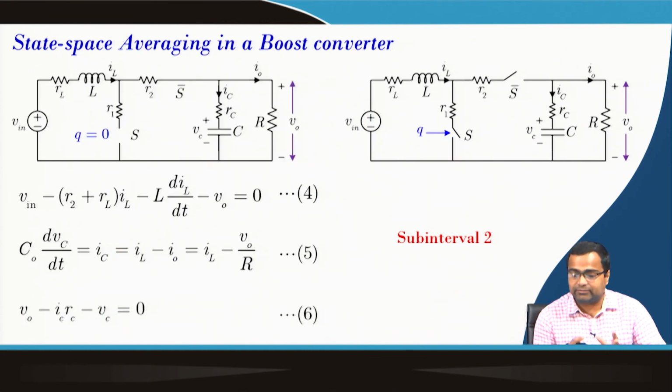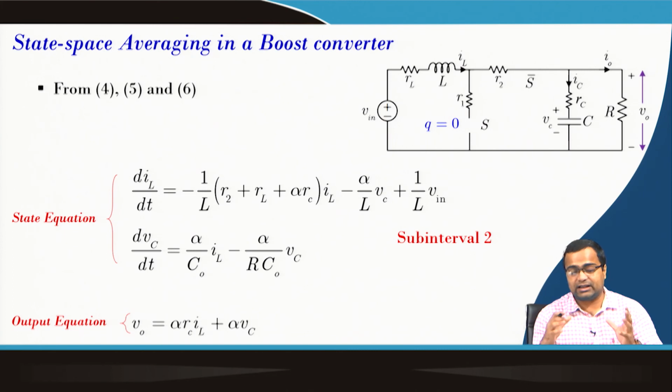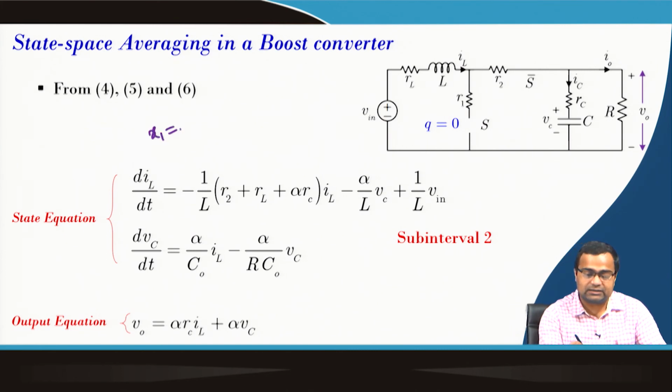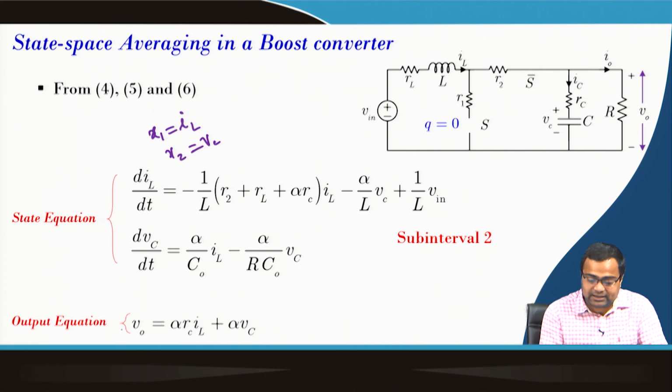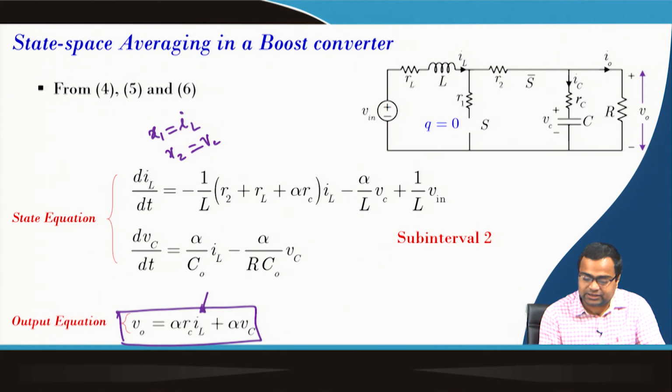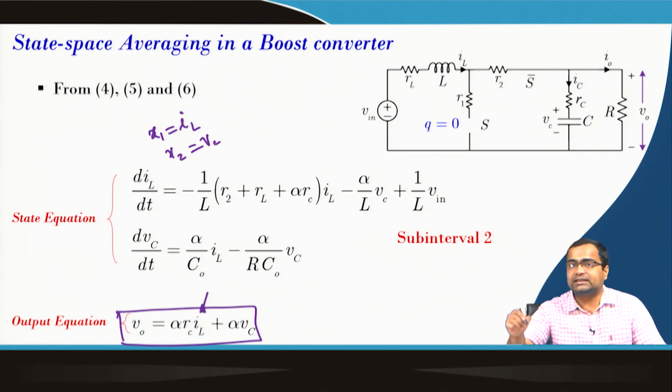But if we take sub interval 2, when the main switch is off and this auxiliary switch is on, that means the complementary switch is on for a synchronous boost converter, again we can write down all the equations and then we can summarize the state space equation here using this state variable. In this equation, you will find the output equation is different, because here you have an additional inductor current term, because when the switch is off, the inductor current is connected to the capacitor side.